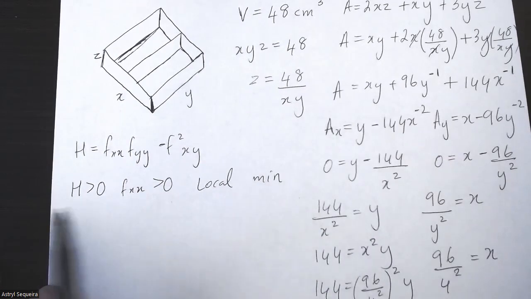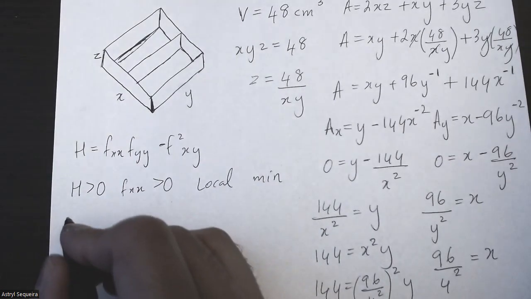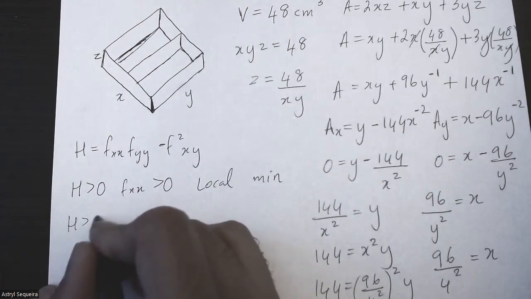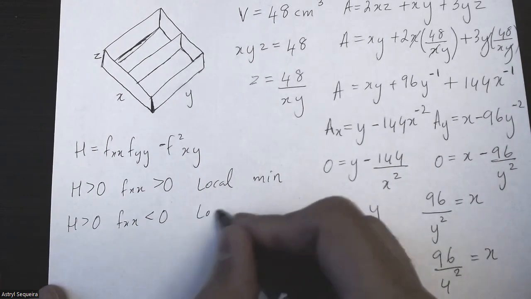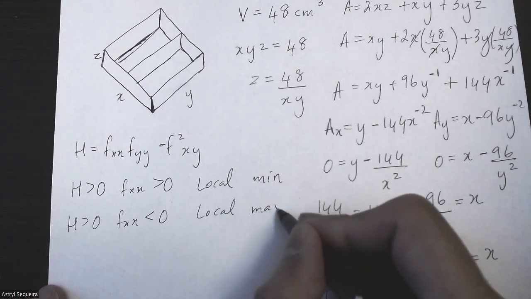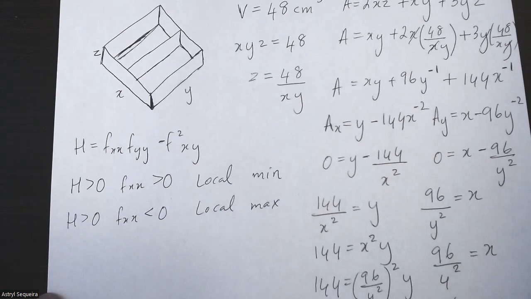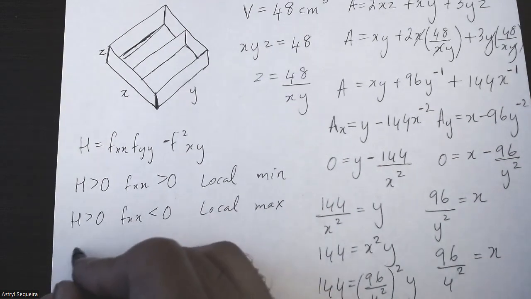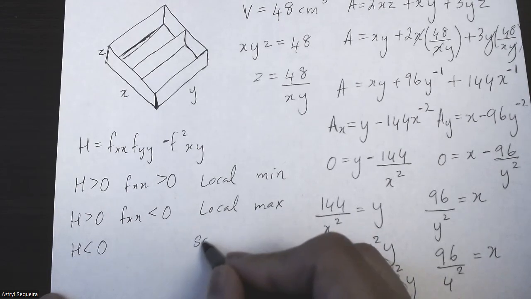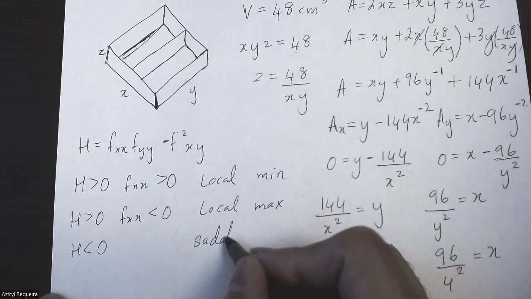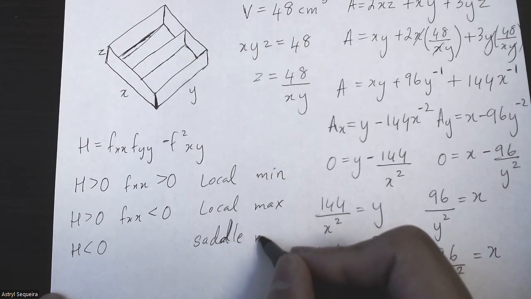And this is the case we're looking for right now. If h is greater than 0 and fxx is less than 0, it's a local max, which would be no good for this question. But that would be good for maximizing profits or some kind of question like that. And if h is less than 0, it's basically a saddle point. So these are the 3 most common cases.